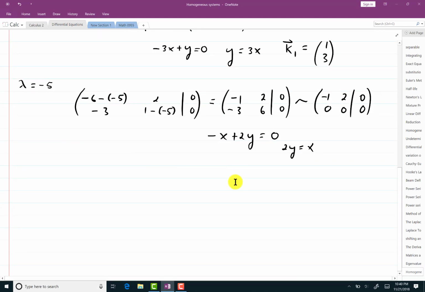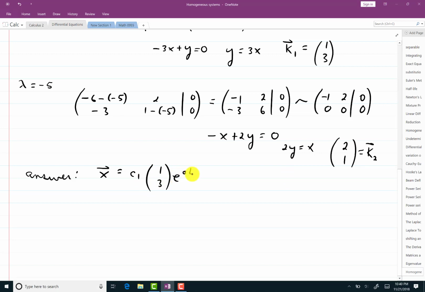And this time when I do my vector, I find it more convenient to allow y to equal 1. That way x is equal to 2. I'll avoid fractions as much as possible like anyone else will. And that's my second eigenvector. So for my answer, we had 1, 3, that was attached to e to the 0t.